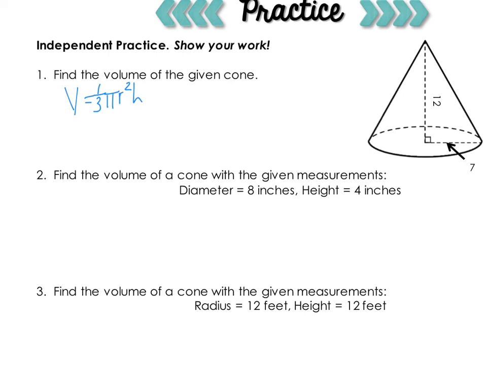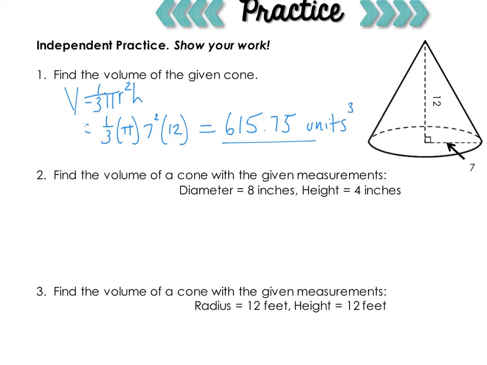So what's 1/3 times pi times 7 squared times 12? If we put all of that into our calculator, it'll spit out 615.75. I don't know what units we are in, it doesn't say, so we could just say units cubed, okay?